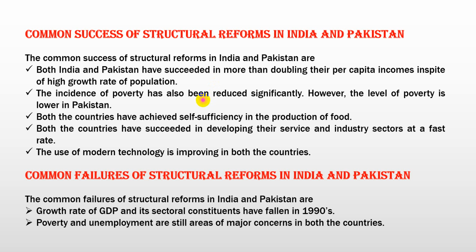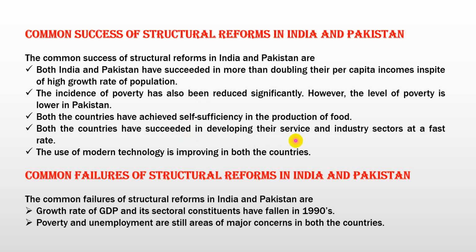Both the countries have achieved self-sufficiency in the production of food. So after the Green Revolution, in both the countries, they have achieved self-sufficiency in the production of food. Both the countries have succeeded in developing their service and industry sector at a faster rate.